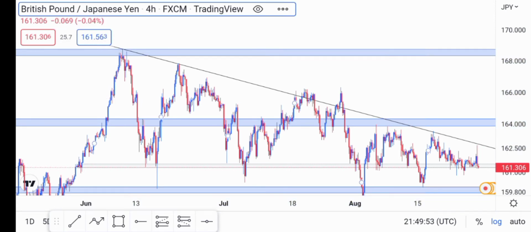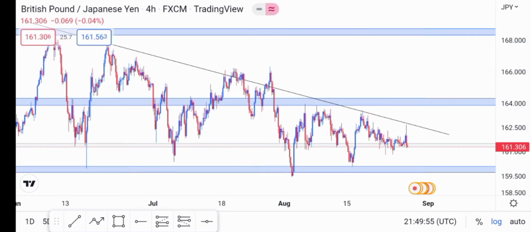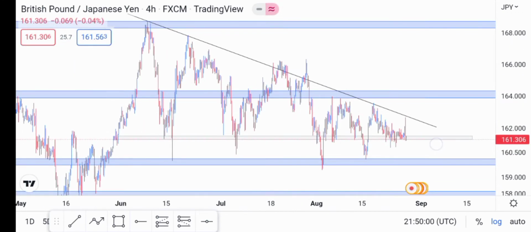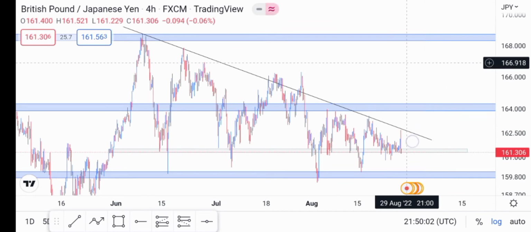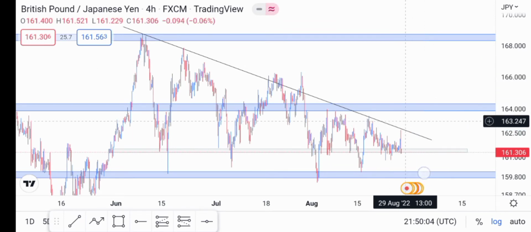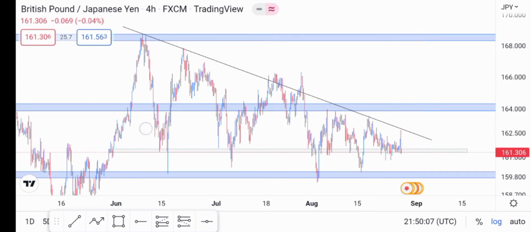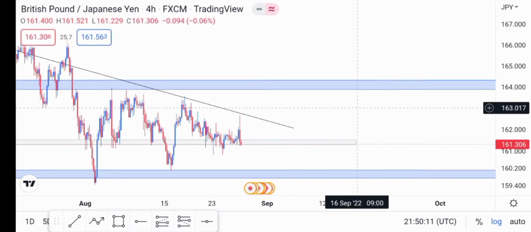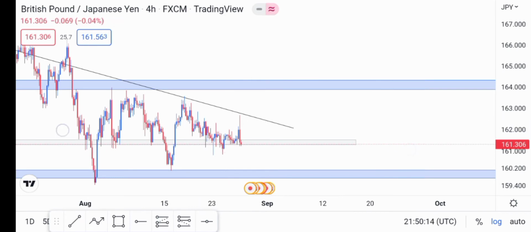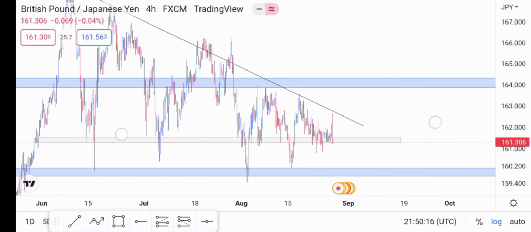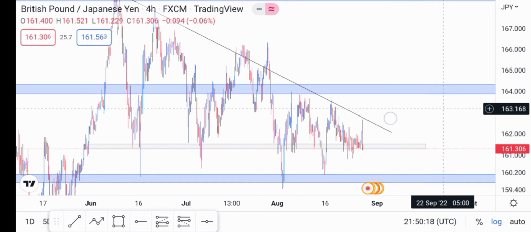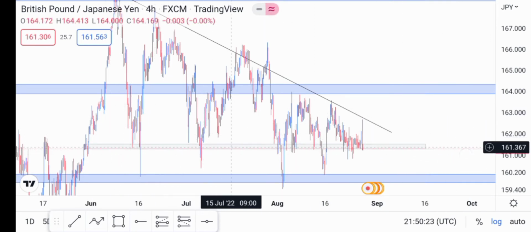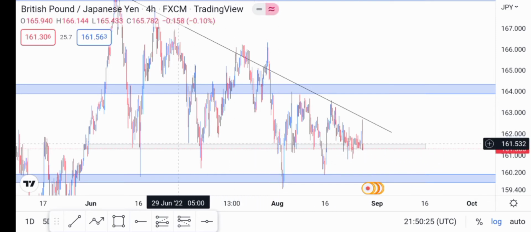Okay, so currently this is what we have on GBPJPY. You can see a push to downward side right over here, and currently I'm seeing a push to downward side as the market rejected around this area right over here. If I zoom out a little bit, I can see that the market around this level right over here failed to break it as many times as possible.